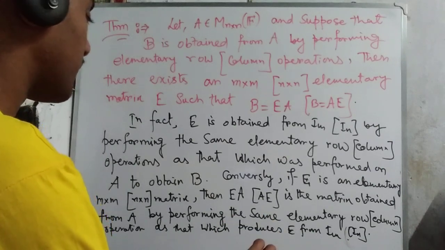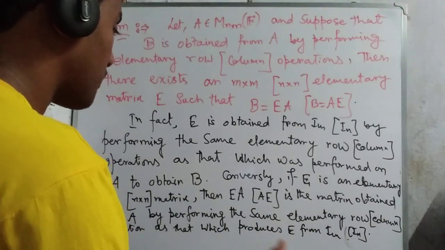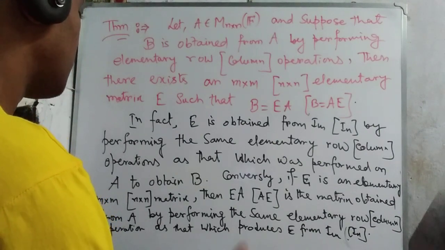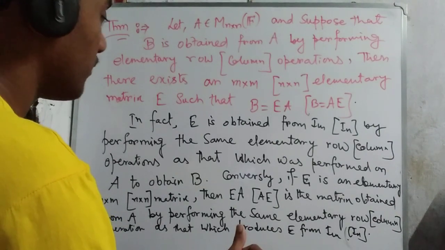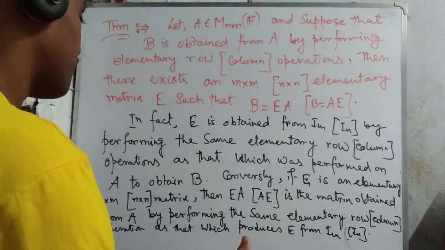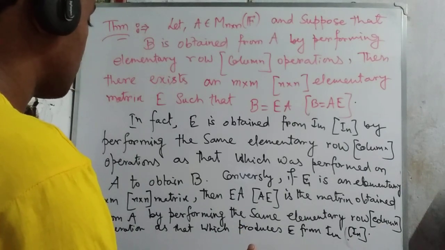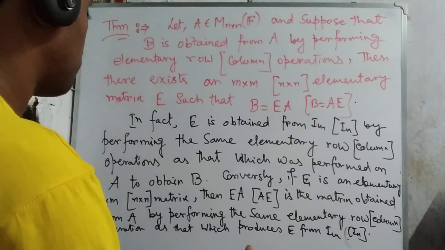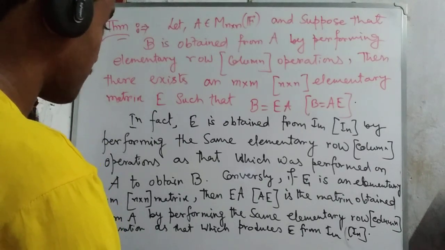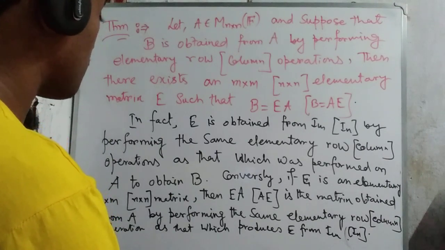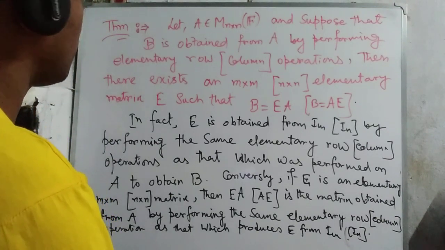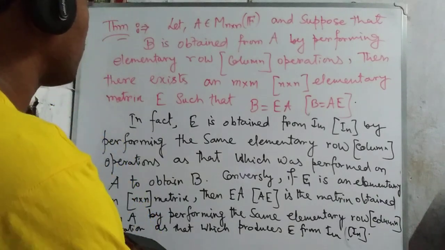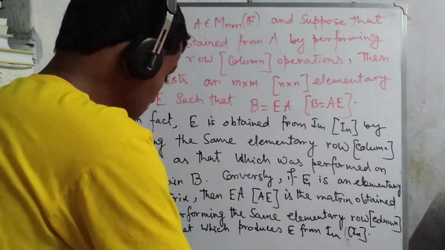If E is produced from IM and this is multiplied by A, then obviously we find EA. Understood? We also obtain this one in this way. So we erase that portion and go on to further discussion.